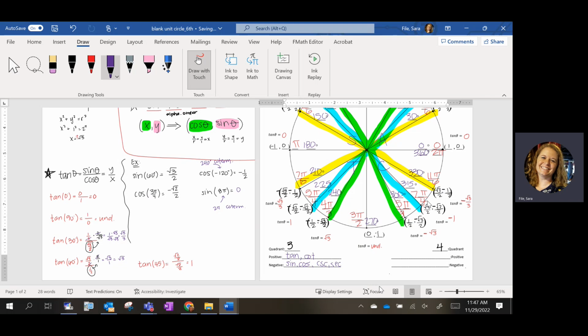And then in quadrant 4, cosine is positive, which means secant as well, which means all of the others are negative. So sine and its reciprocal, tangent and its reciprocal.